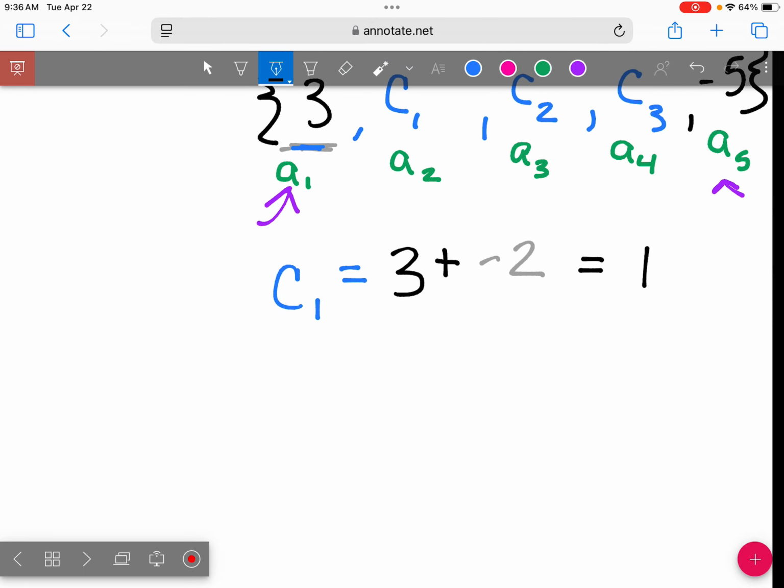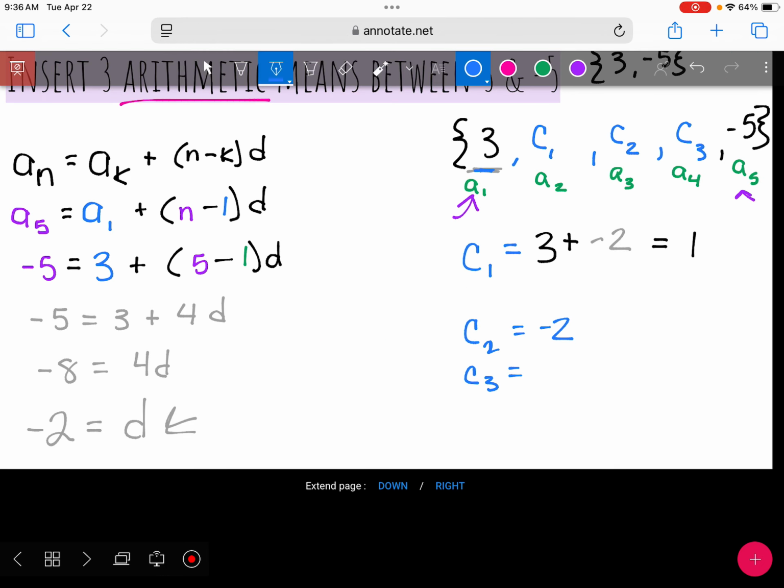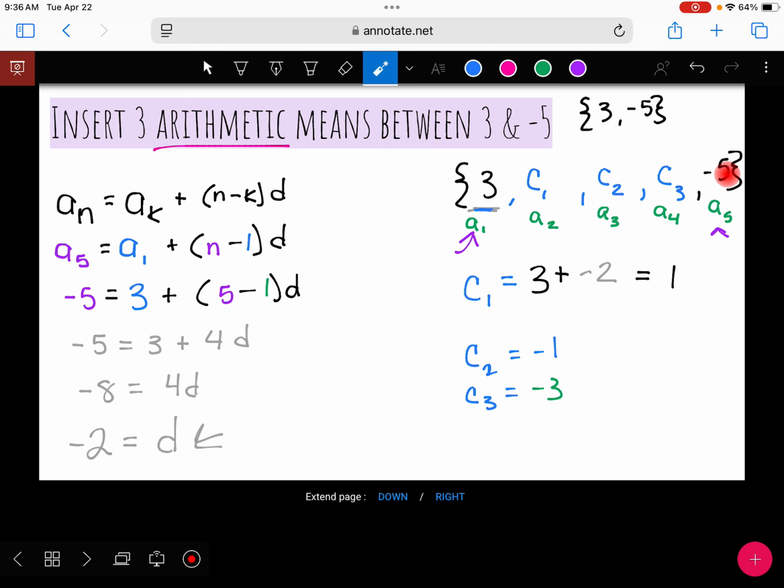So what's our next term? What is our C sub 2? And C sub 3? Hang on a second. What is 1 minus 2? -1, not -2. And then -3, because we should wind up at -5.